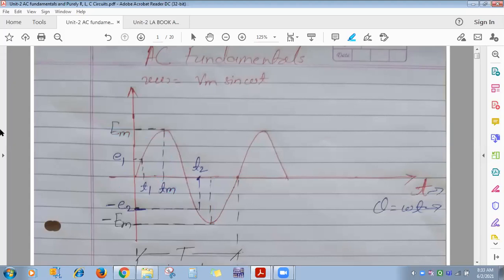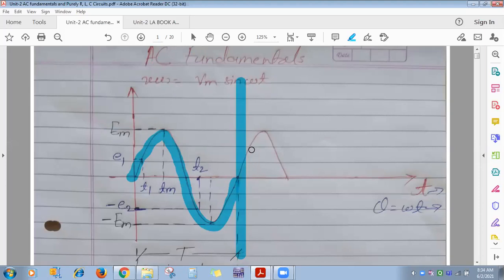Whether it is an alternating voltage or an alternating current, if it is current, the equation will be I of t equals Im sine of omega t. Right now consider the voltage waveform, V of t equals Vm sine of omega t. In this alternating waveform, this is the positive half cycle and this one is the negative half cycle. This complete one is called one cycle.